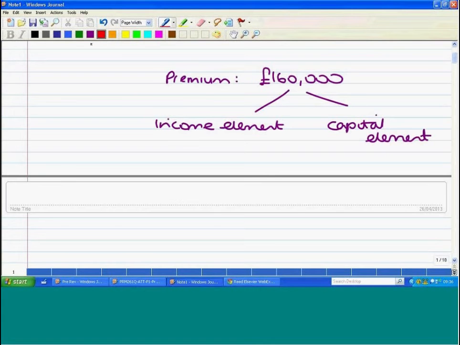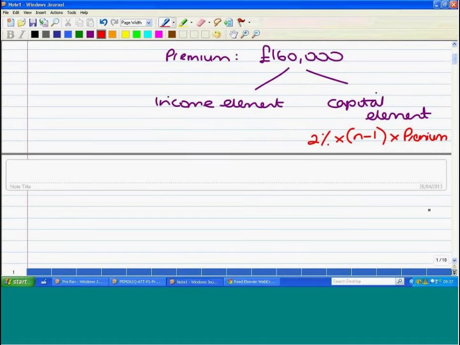Now, this is where, to strip out the capital element, we do our 2% times the number of years, deduct 1, times by that premium. And of course, if we're trying to find the income element, well, once we strip the capital element out, we would be left with our income element.